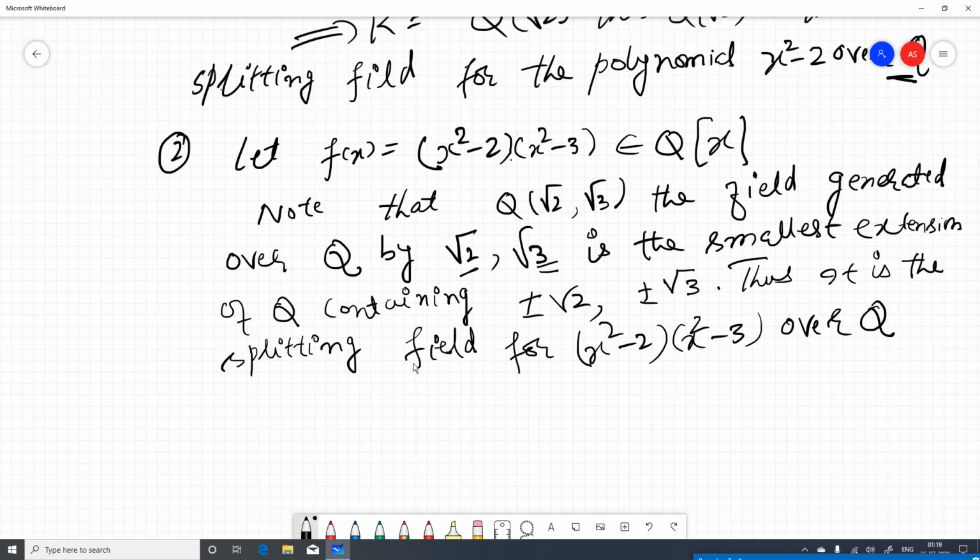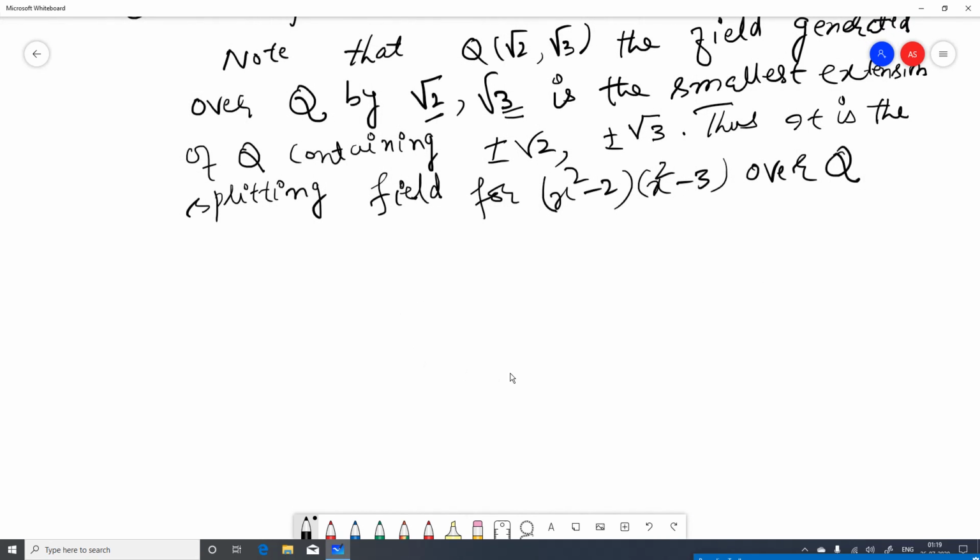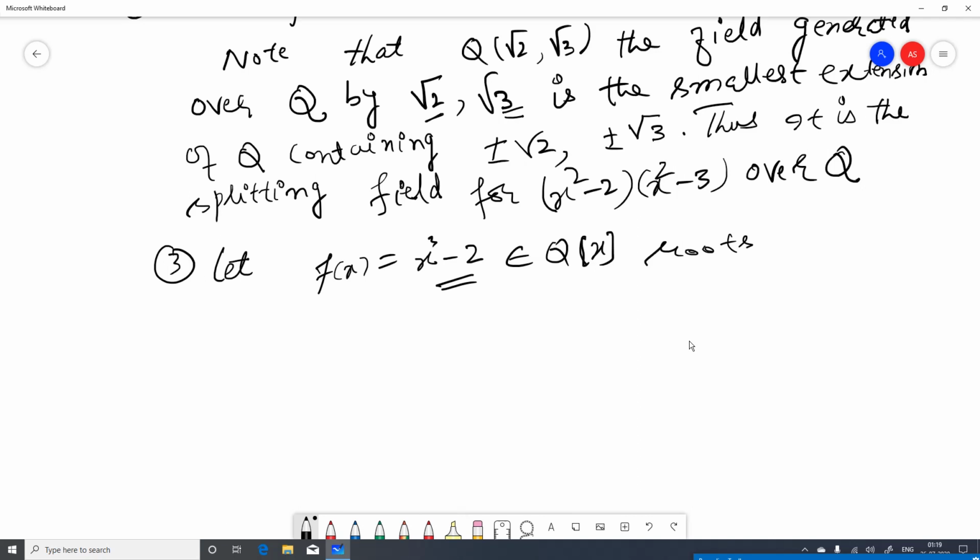Now we can also present a few more examples. Suppose the third example, let f(x) equal x cube minus 2, again over Q. Now what are the roots of this polynomial? So one root is the real cube root, but the others are complex roots.